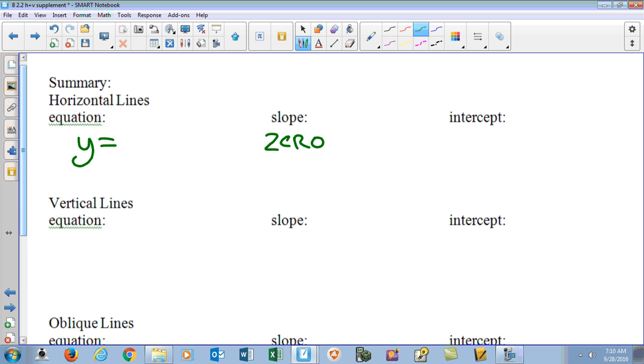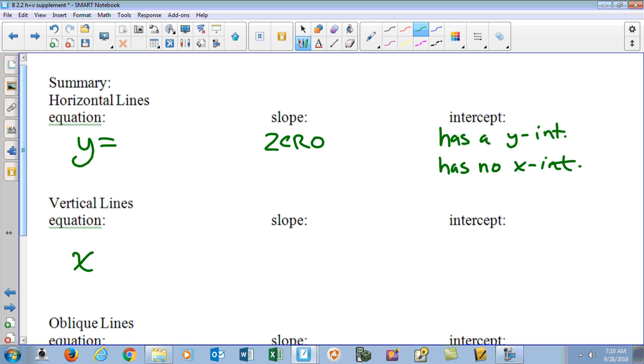And then intercepts, okay? It has a y-intercept. That means it crosses the y-axis. And usually, most of the time, unless it's a special case, it has no x-intercept, okay?